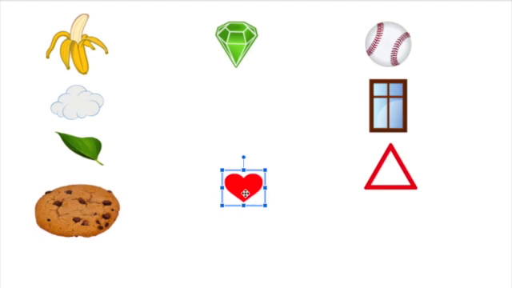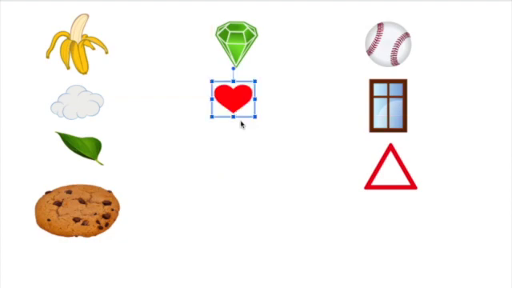Okay. If you said that it kind of belongs here in the middle, I would tend to agree with you as well. Okay, so what we have are three different groupings of shapes.